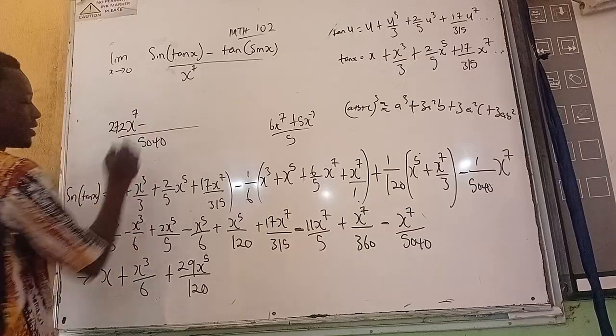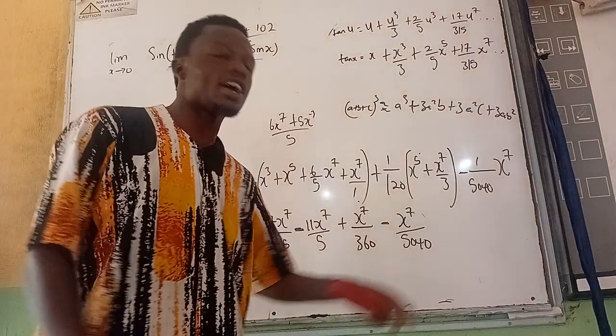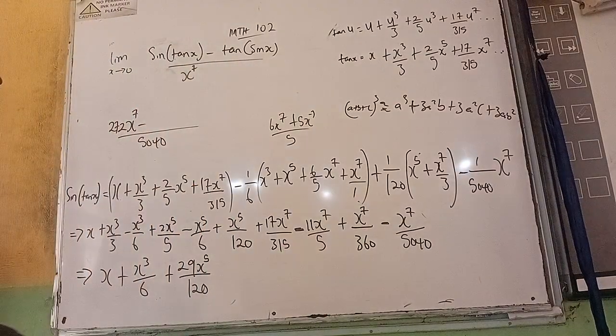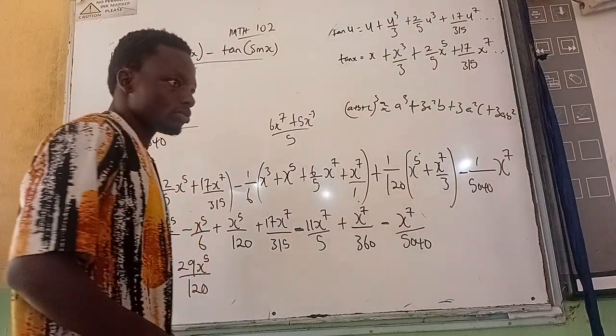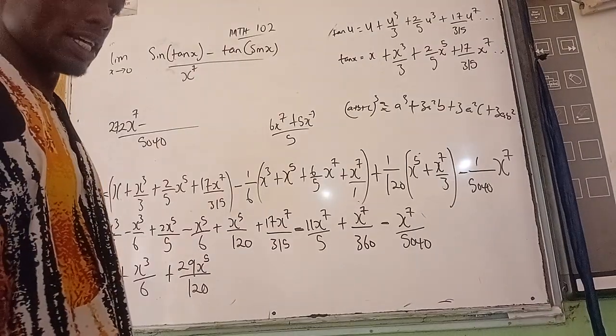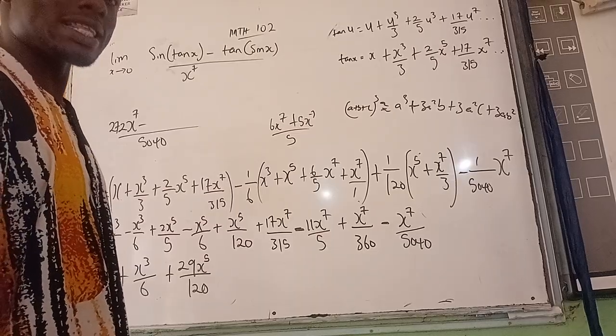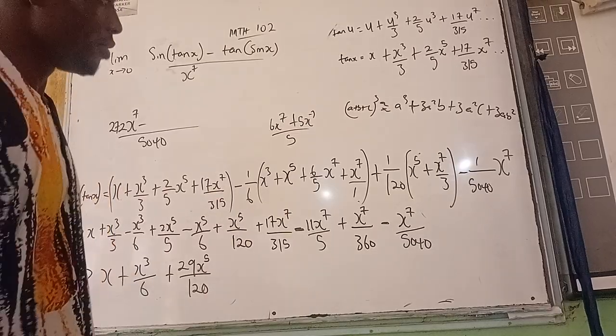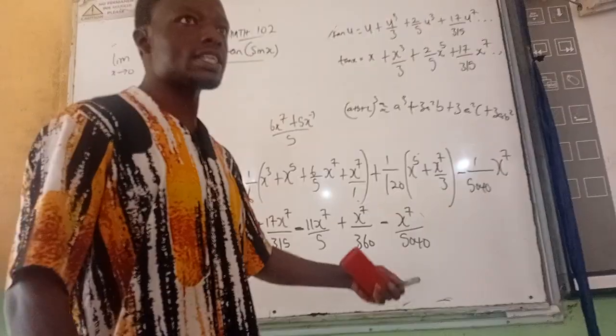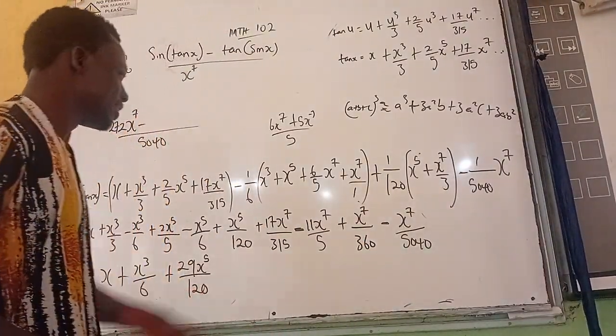272x^7 minus 5 in 5040. How many 5 can we see in 5040? You can see 8, 5 in 40. That's 1008. 1000 times 5 is 5000, 8 times 5 is 40. 1008 times 11.